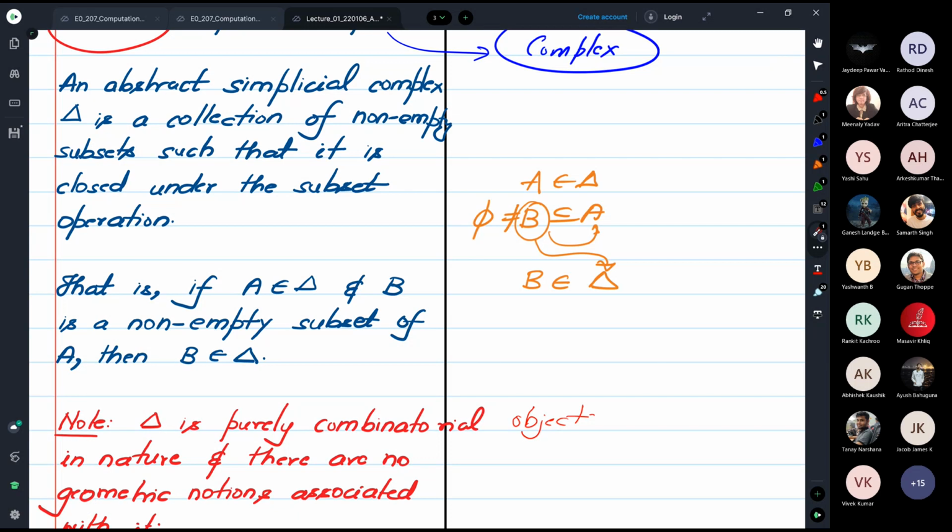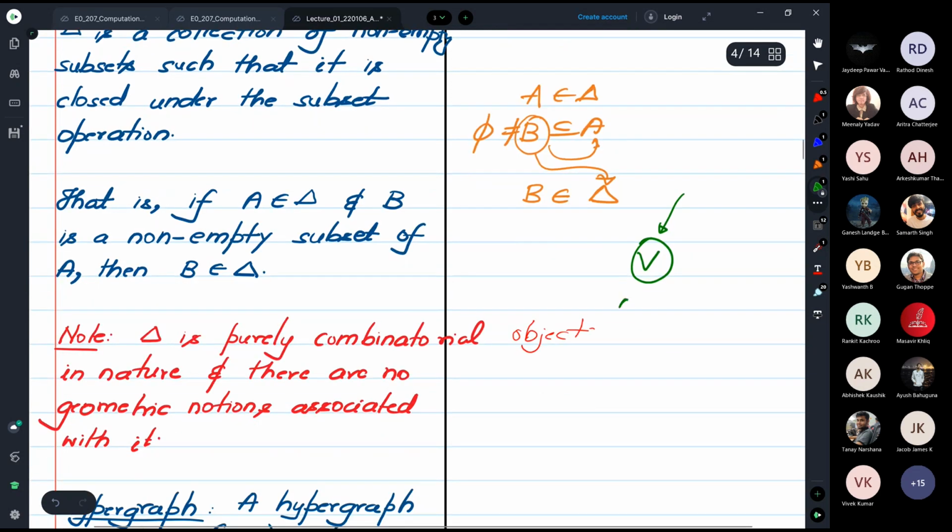And we are given a collection of sets and we require that this property be satisfied. Typically, what we will have access to is we have some vertex set V, and we may look at non-empty subsets of V. This is how typically we will look at it.